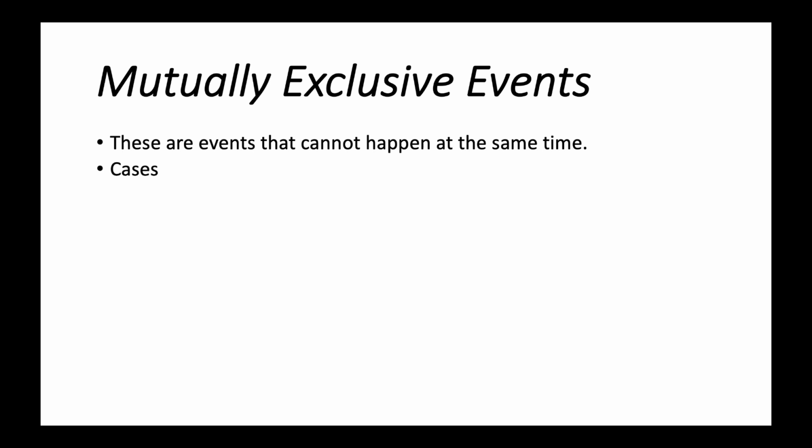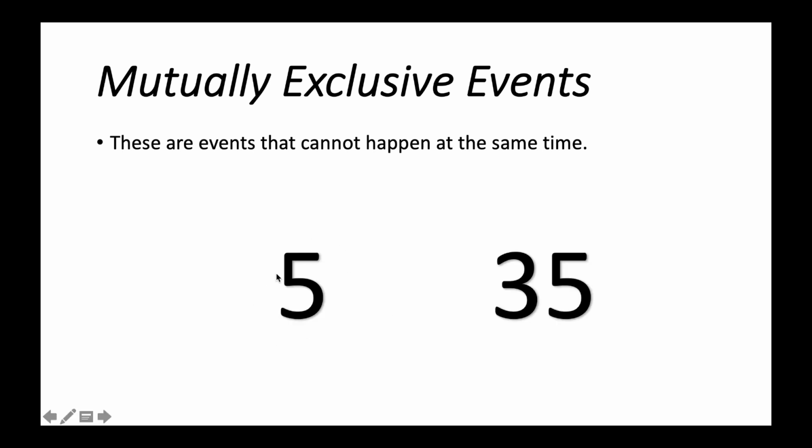For example, for numbers, if you were to choose a positive integer less than 100, you have to consider getting a one-digit number or getting a two-digit number.